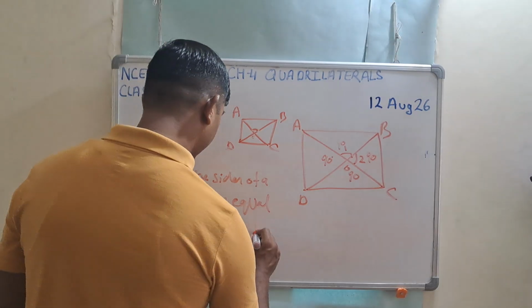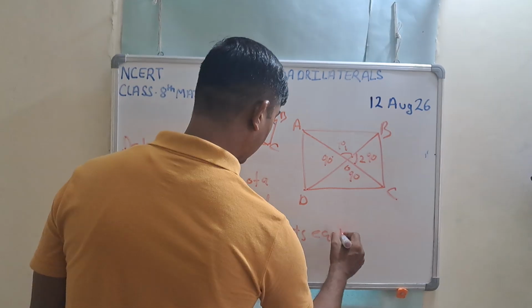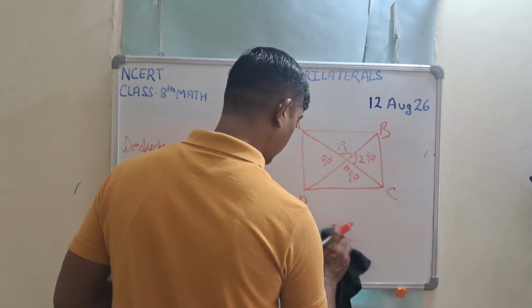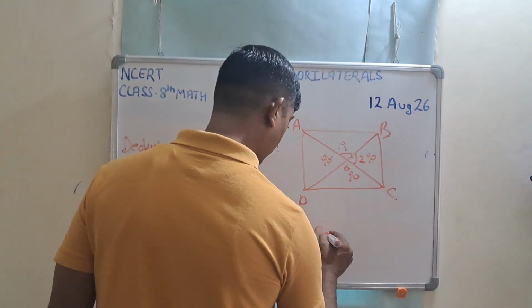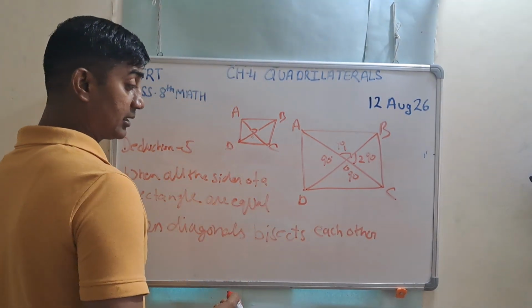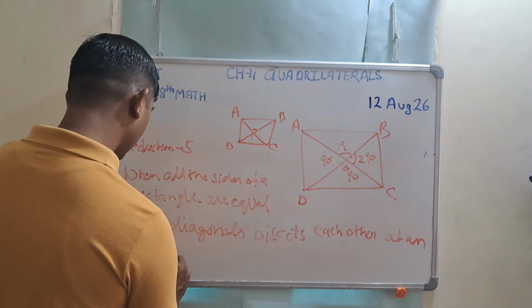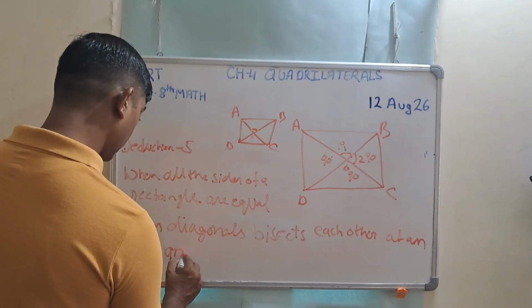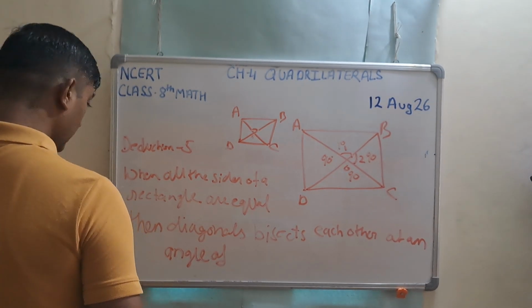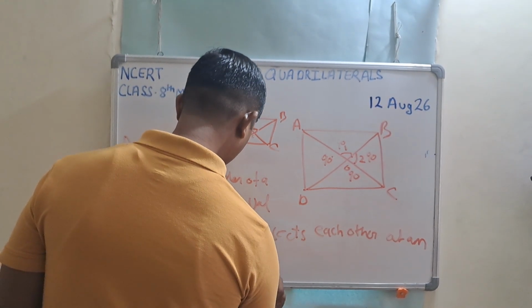So the diagonals bisect each other at an angle of 90 degrees.